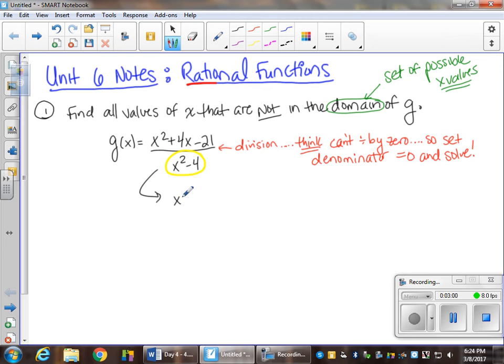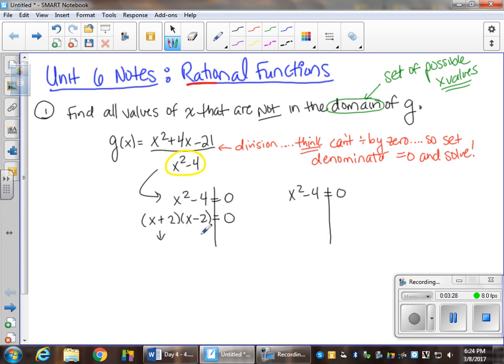We're going to set x squared minus 4 equal to 0 and solve. There's actually 2 different ways that you can go about solving this. I'll show both, and you can pick one for your notes. First is to factor. From Unit 5, hopefully you recognize that this is difference of 2 squares, x plus 2, x minus 2.